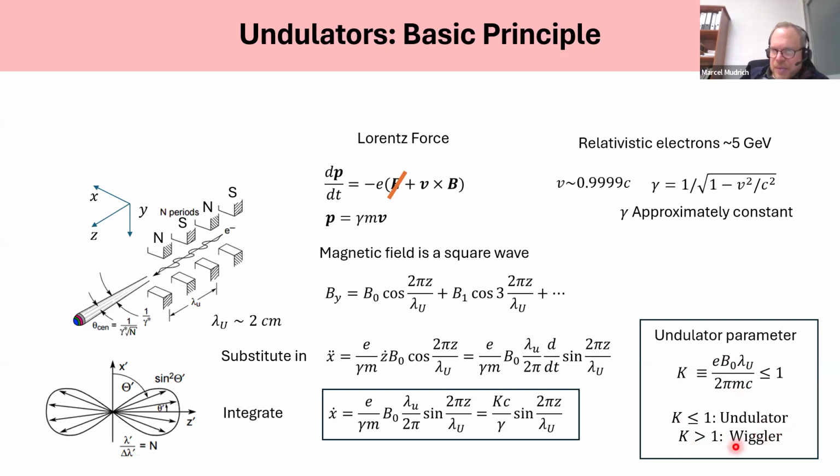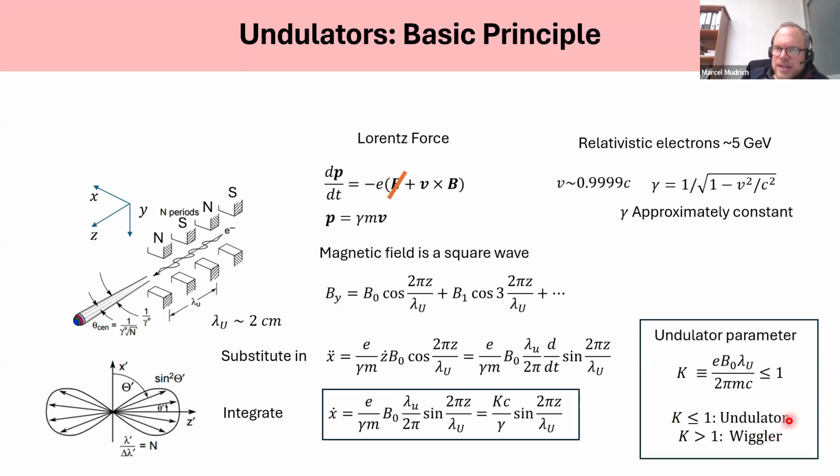And if you remember, the wiggler is a very similar device, but where the electron oscillations have a large amplitude such that the partial beams emitted actually do not superimpose. There was no interference happening in the wiggler.